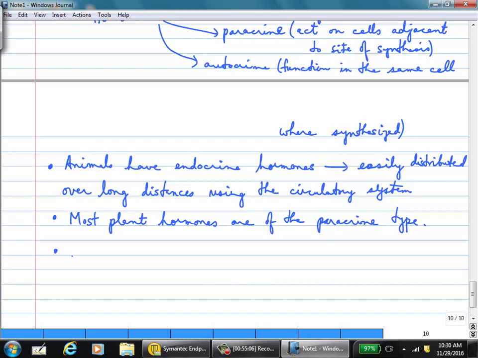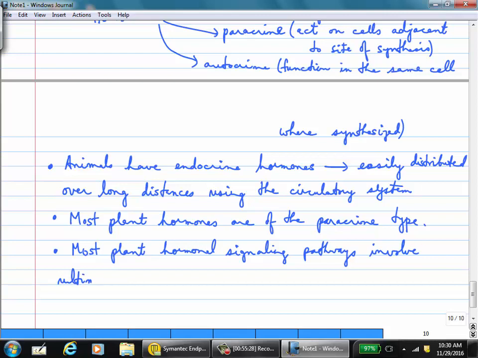So most plant hormonal signaling pathways involve ultimately deactivating a repressor molecule.